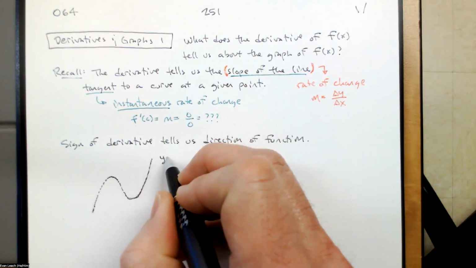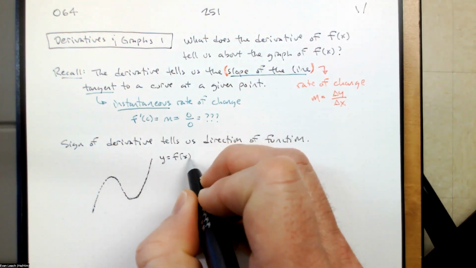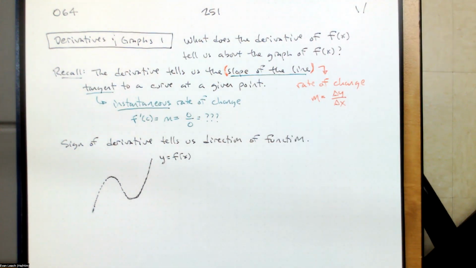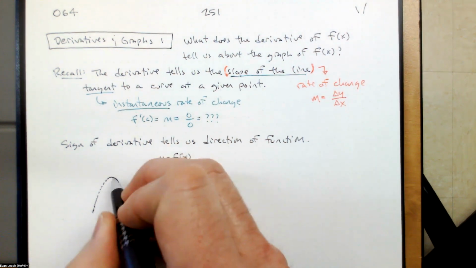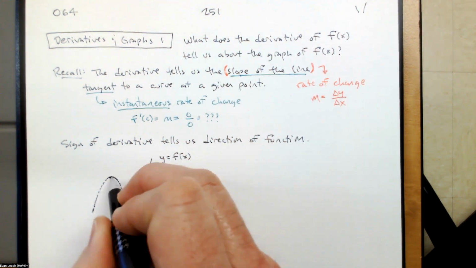Let's suppose this is what our function looks like. We can see this little peak, and then there's a peak up here, and a valley down here.